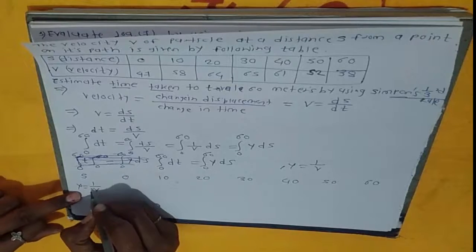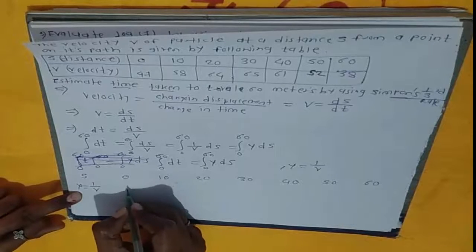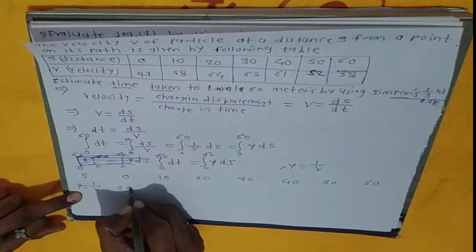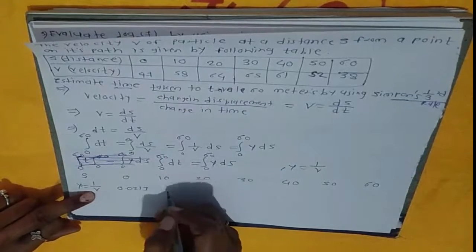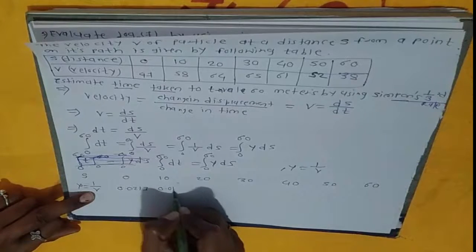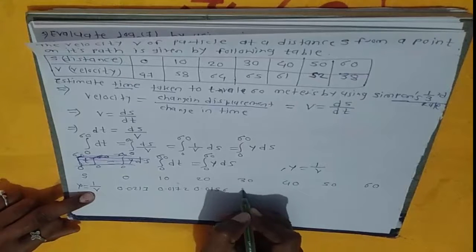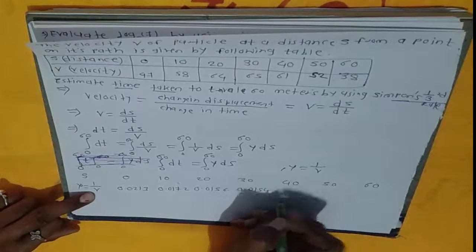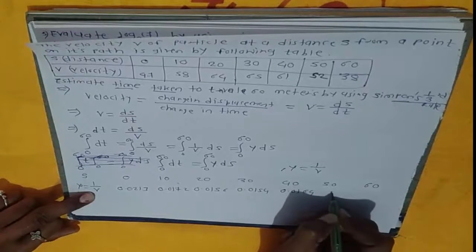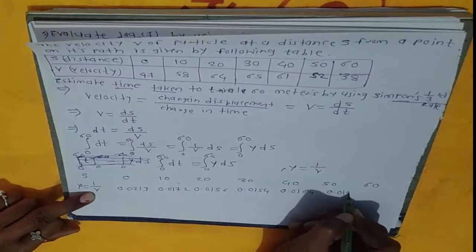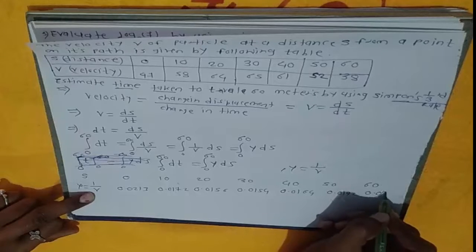For the first velocity 47, 1 by 47 gives 0.0213. The next value of v is 58, so 1 by v gives 0.0172. Next we get 0.0156, then 0.0154, and at 40 we get 0.0164. Next we get 0.0192, and last, at 60, we get 0.0263.